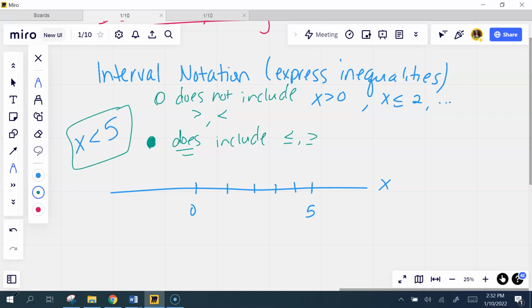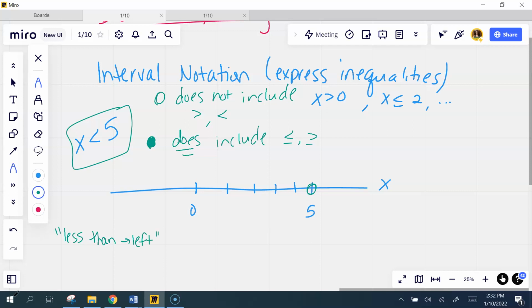So if I look at this x is less than 5, because there's no line under here, that means it does not include 5. So I'm just going to put an open dot on 5. And now I have to decide which way do I go. Well, which way gets less than? Okay, less than always goes left.